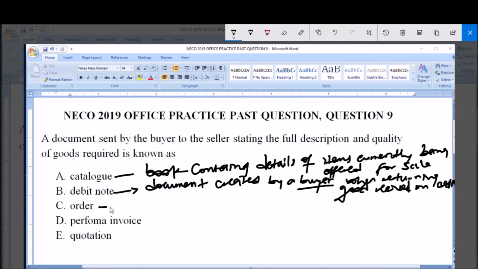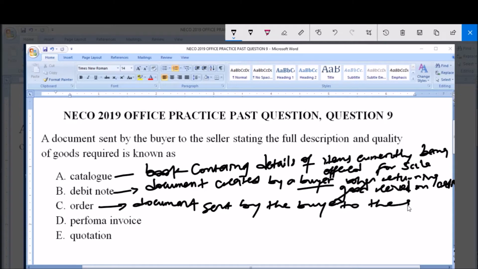Now C says order. What is order? Order now is a document. Order is a document that is sent by the buyer. Document sent by the buyer to the seller, stating the goods required.